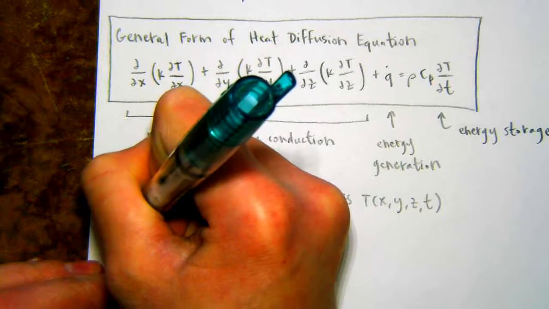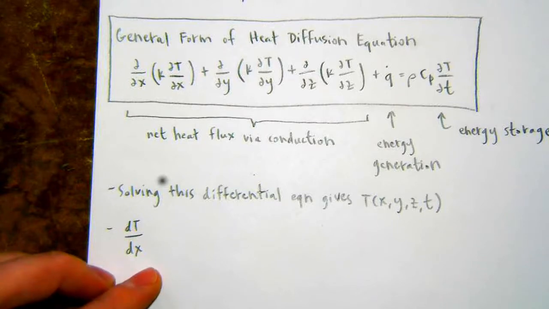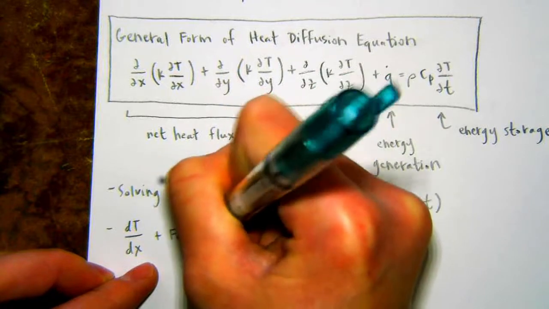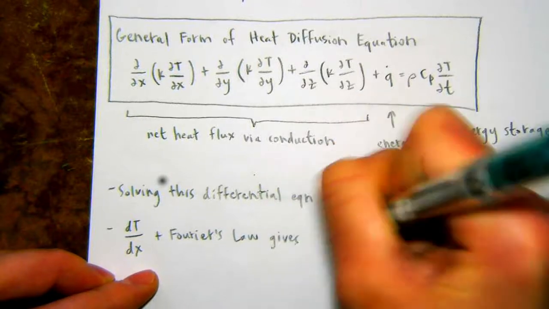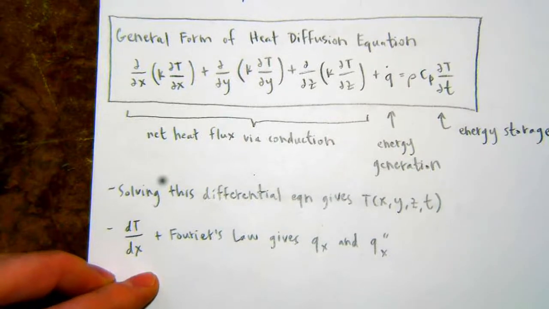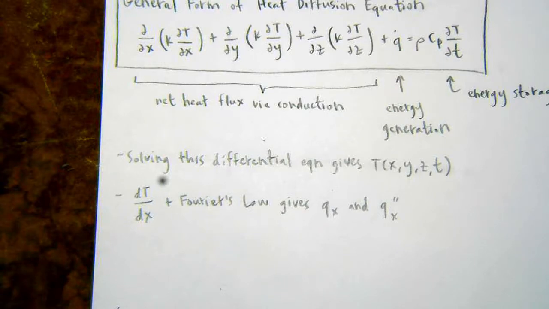And then dT/dx, or whichever variable you're interested in, plus Fourier's law gives the heat rate and the heat flux. And this is what's known as the standard approach to solving conduction problems. You find the temperature distribution via the heat diffusion equation, take the derivative of it, plug it into Fourier's law, and then you have the heat rate.